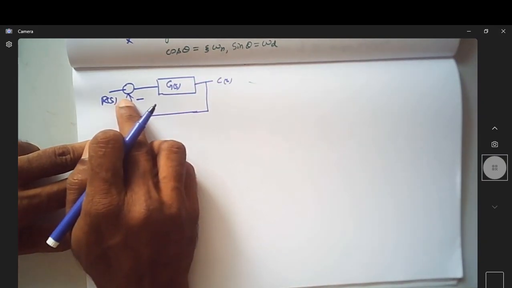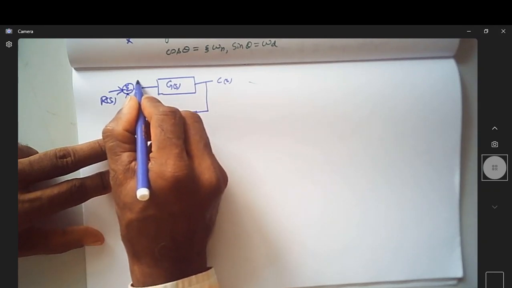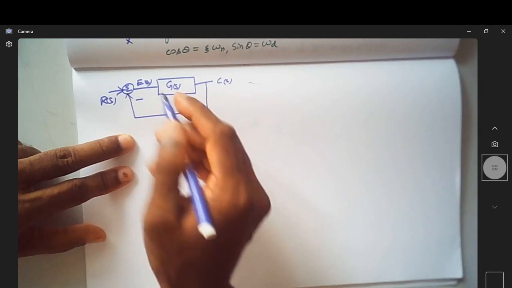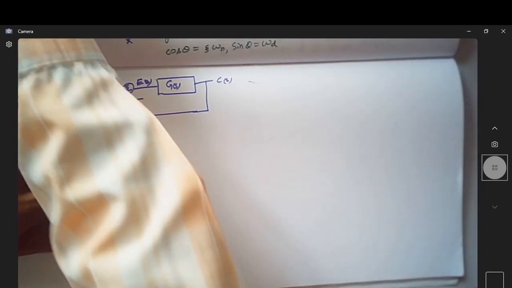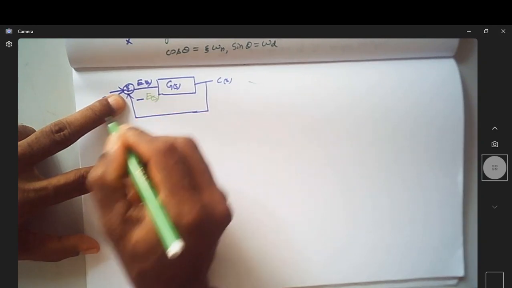The same C(s) is fed back here, so this is a summation point, and this is the error signal, E(s). So we are mainly looking at what this error E(s) is.